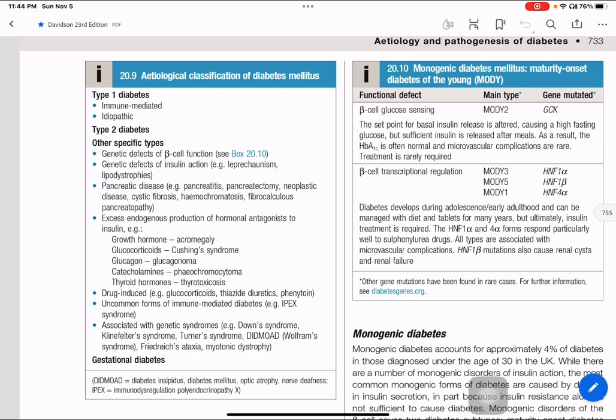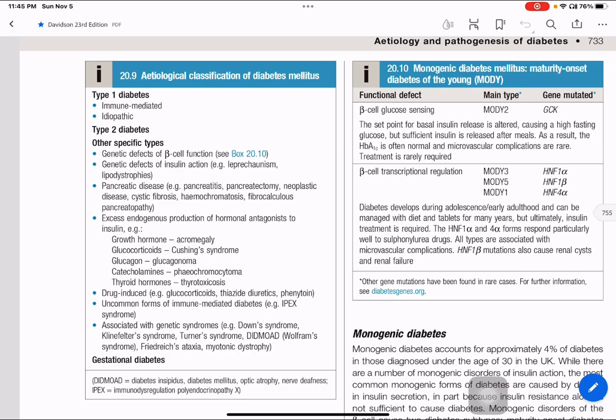There is also calcium or fat deposition in the pancreas resulting in fibrocalculus pancreatopathy. So pancreatic disease can lead to a diabetic condition. This is secondary diabetes due to pancreatic disease. This is not type 1 or type 2.